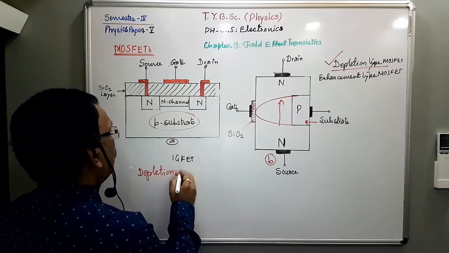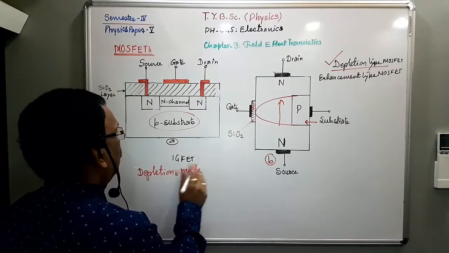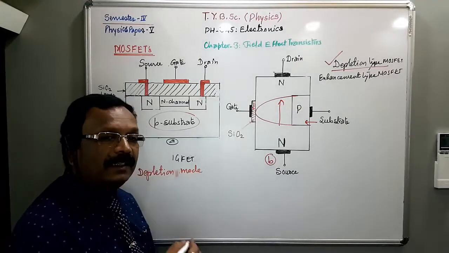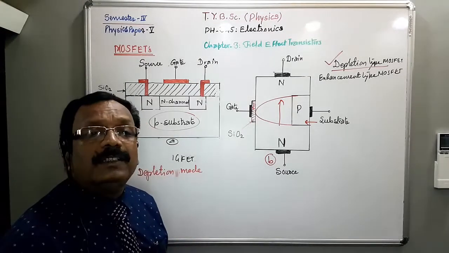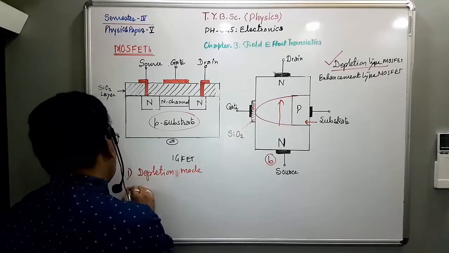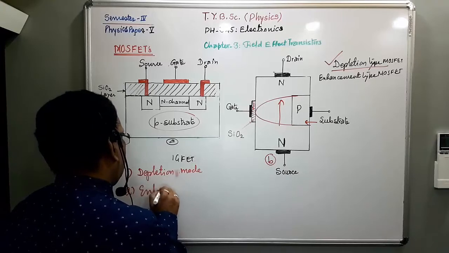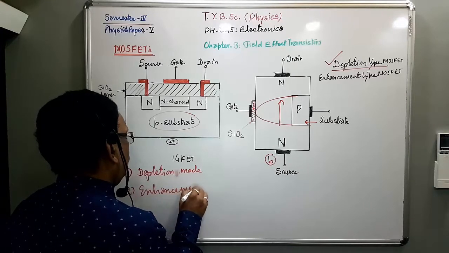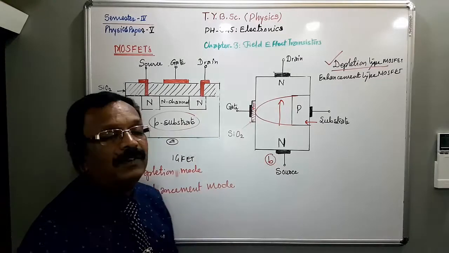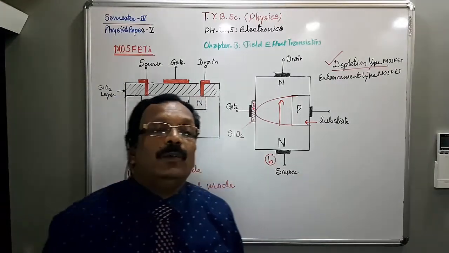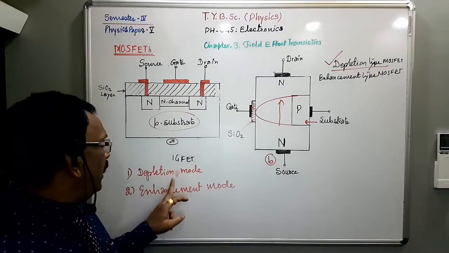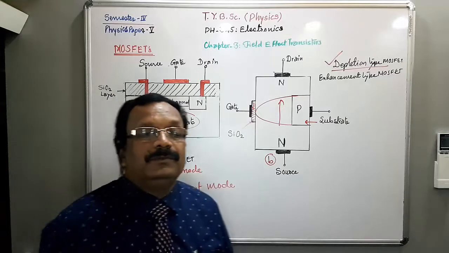Depletion means emptiness, in Marathi, riktata. And another one is enhancement mode. So this depletion type N channel MOSFET works in two different modes, depletion and enhancement.